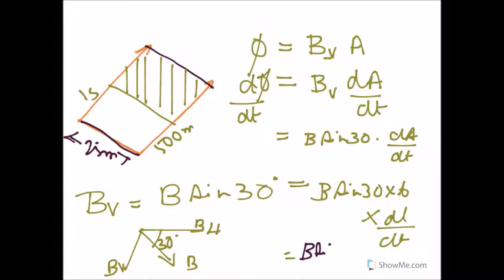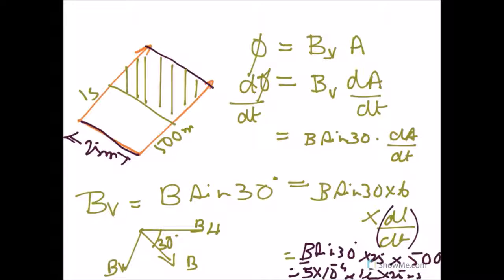B sin 30 into 25 meters into dl/dt, which is the velocity with which the plane is traveling, that is 500 meters per second. We put the value of B as 5 × 10^-4 and sin 30 as half, into 25 into 500.